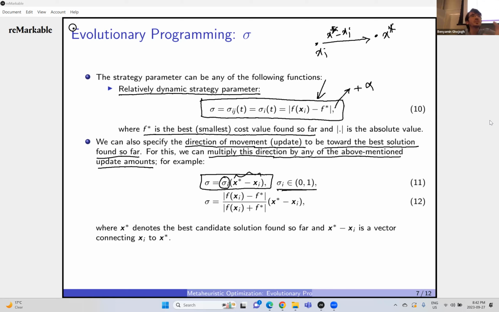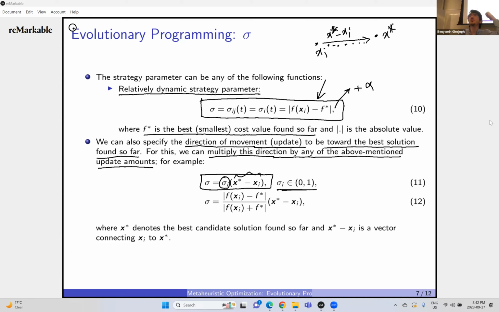Why should it be between 0 and 1? Because I don't want to pass that point. If it is between 0 and 1, it means any of the points in between xi and x star. If you want to pass, you can set it to be larger than 1. Of course, it shouldn't be negative, because not only do I not get close to x star, but I also get farther from it, right?